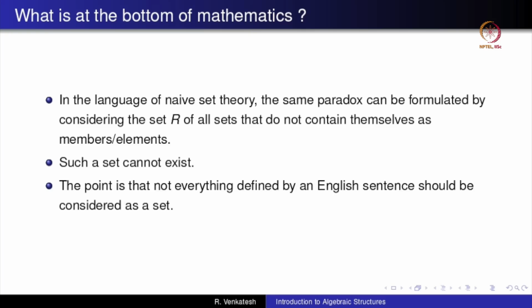The point is that not everything that you define using plain English should be considered a set. For example, the one that we defined, consisting of all sets that do not contain themselves, sounds like a well defined set, but it is indeed not a set. That is something we want to convince ourselves of in this course.